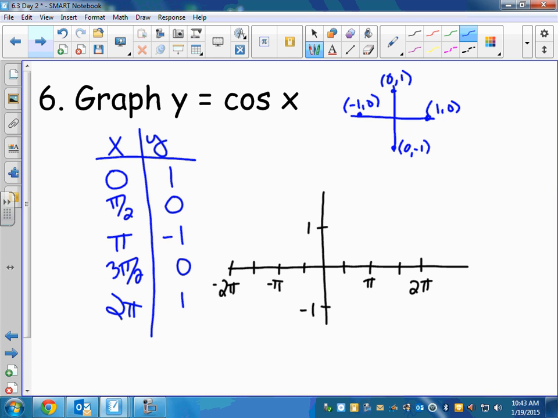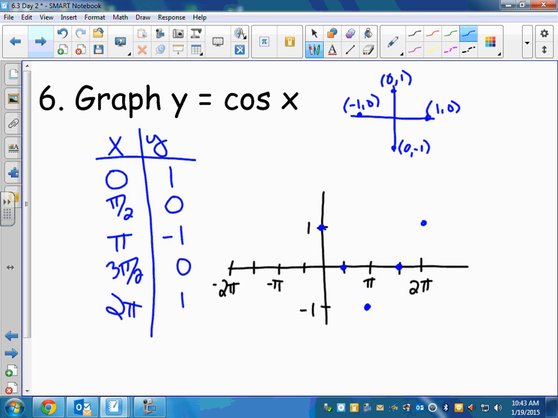Big difference between sine and cosine. At the origin, sine starts at 0. Cosine starts up at 1 because cosine is the x-coordinate. So it starts up here, and then we kind of just repeat that pattern of it goes down to 0, then at pi it goes to -1, back to 0, back to 2 pi.